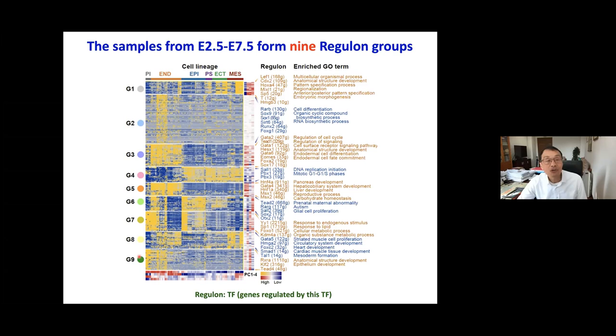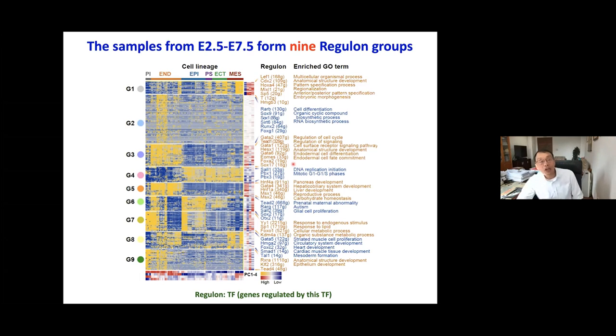These 9 Regulon groups can separate the 3 germ layers, mesoderm, ectoderm, and endoderm, as well as epiblast and pre-implantation, very well. You can see very famous TFs, like the endoderm Regulon is a GATA family TF, and inside it are the downstream targets it regulates.